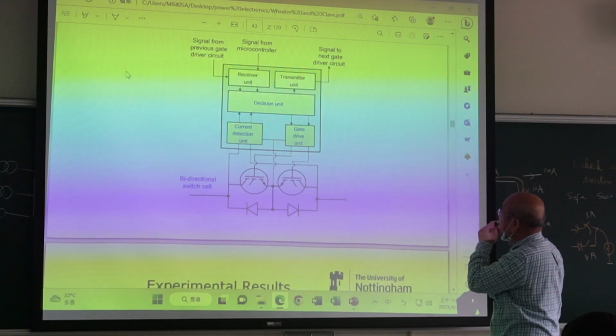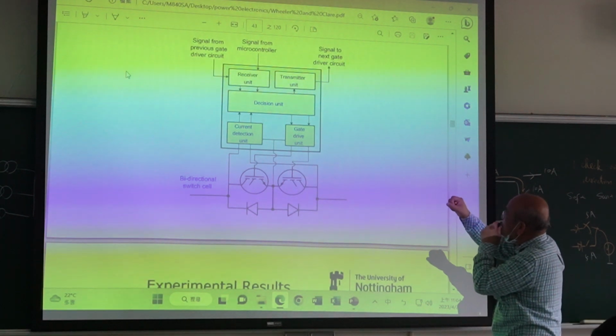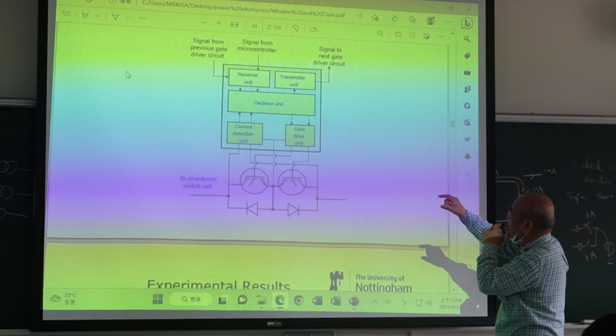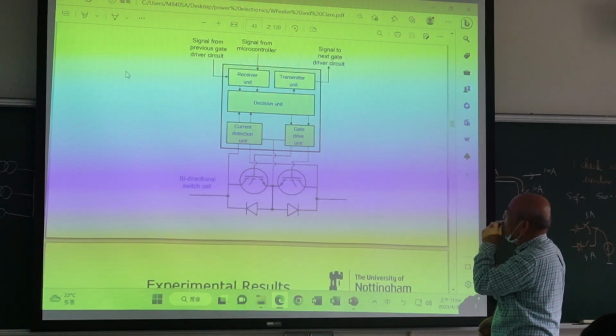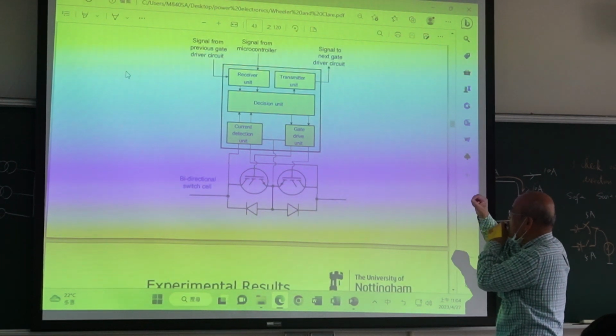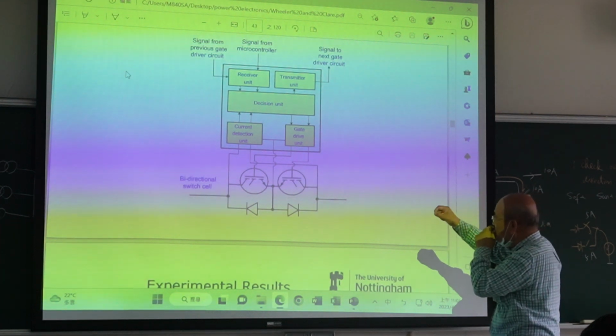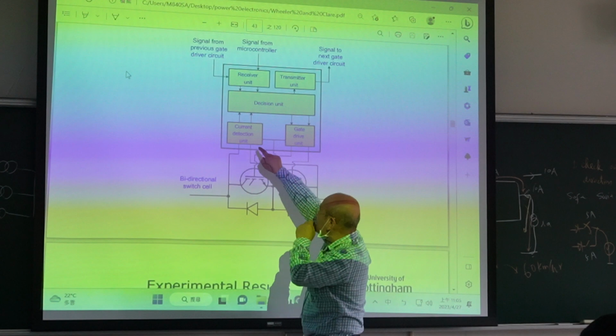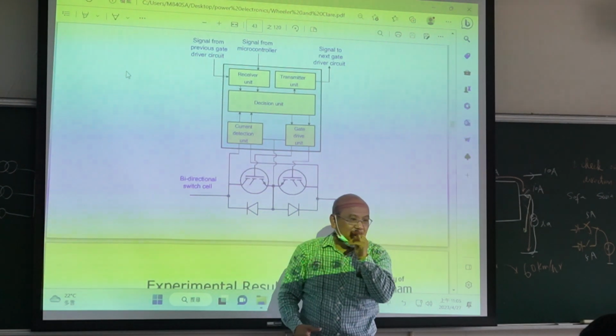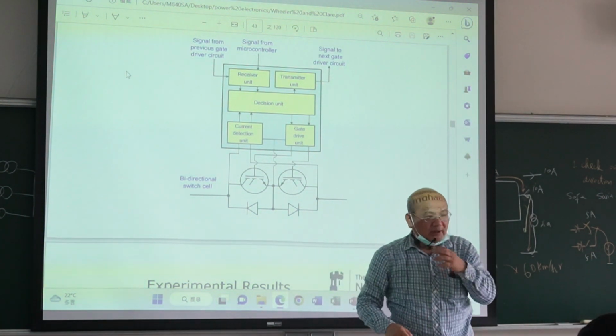So we detect the signal from the circuit, and we can determine the current is positive or the current is negative. So we have current detection unit to detect the current.